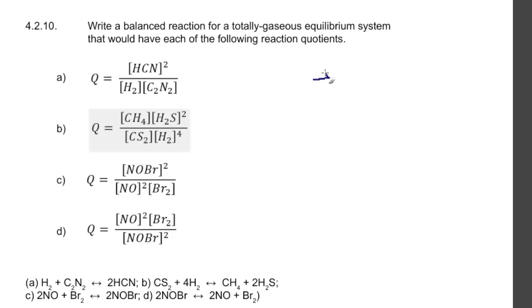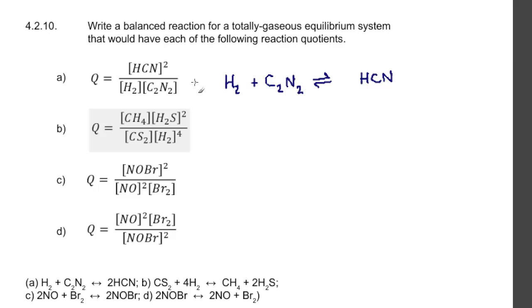If you have a reaction, and this is an equilibrium, so I'm going to put the two-sided arrow, anything in the numerator is a product, so this is a reaction that makes hydrogen cyanide, and anything on the bottom is a reactant, so this reaction starts with hydrogen and I don't remember what C2N2 is.